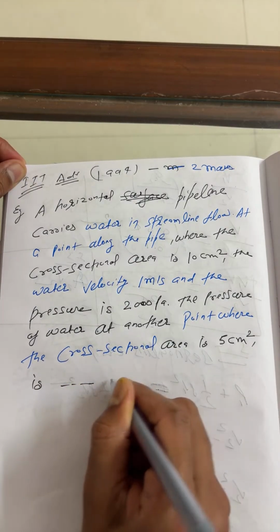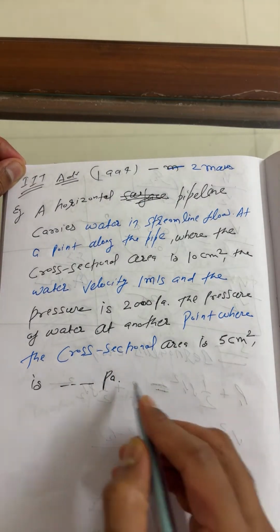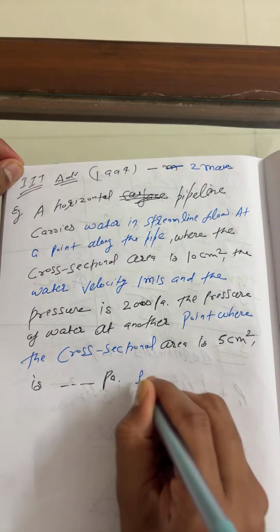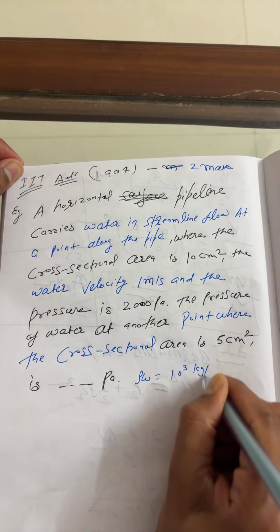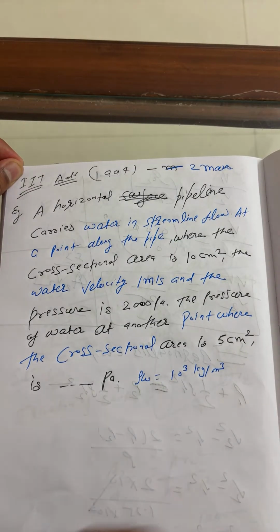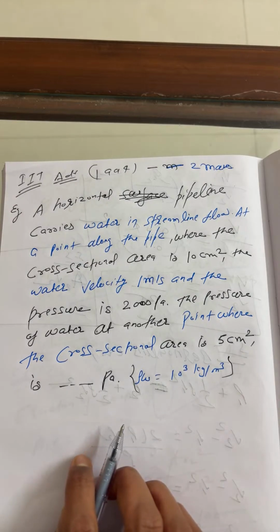You have to find the pressure in pascal. Students, you can take the density of water as 10 to the power 3 kilogram per meter cube.